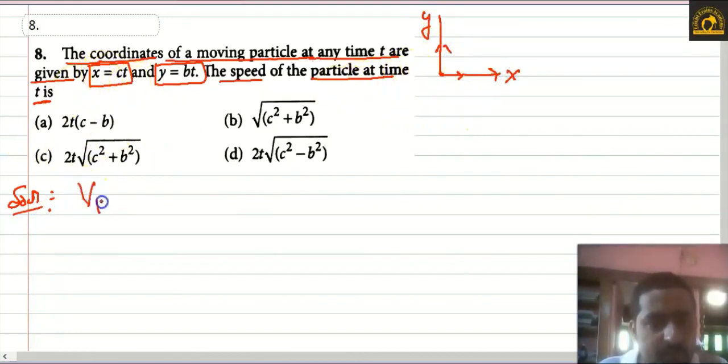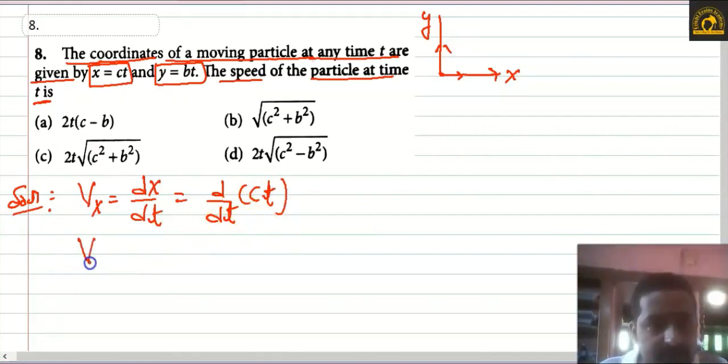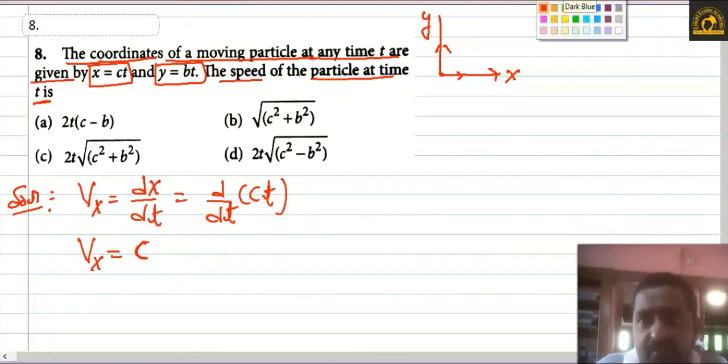The velocity along the x-axis is dx by dt, that is d by dt of ct. After simplifying, the velocity in the x direction is c.